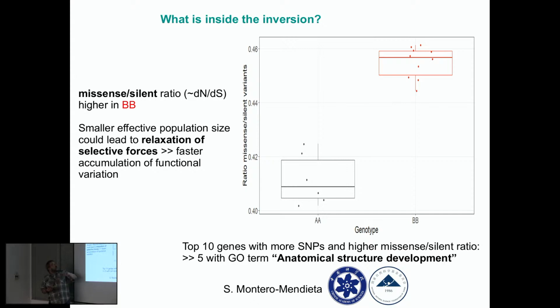Okay? So this is a ratio of the non-synonymous to synonymous changes, the dN/dS. And we see that it is very much larger in the quails with inversion.